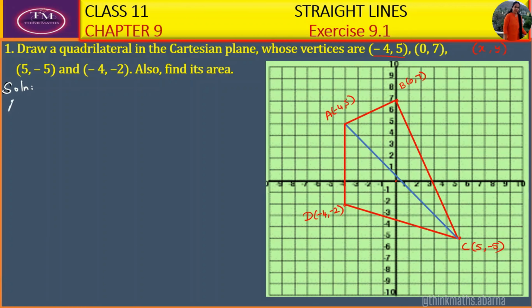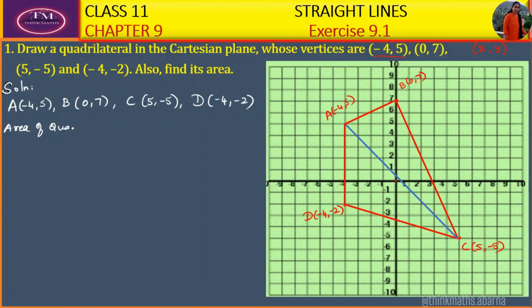So we have A of (minus 4, 5), B of (0, 7), C of (5, minus 5) and D of (minus 4, minus 2). We have to find the area of quadrilateral ABCD.